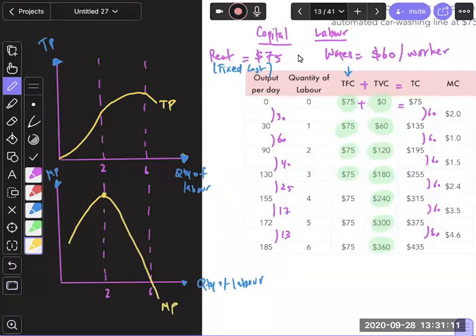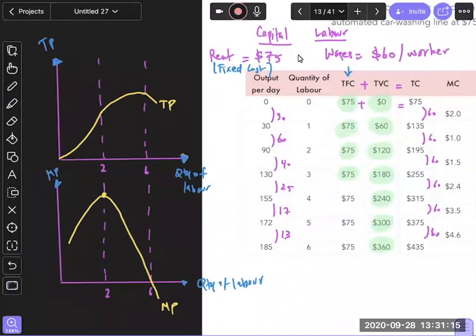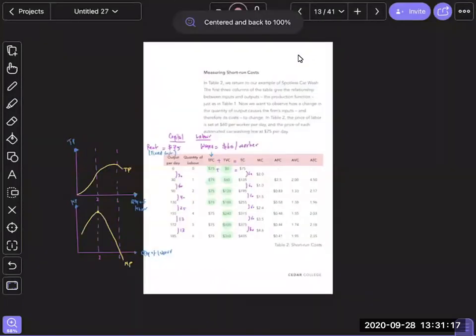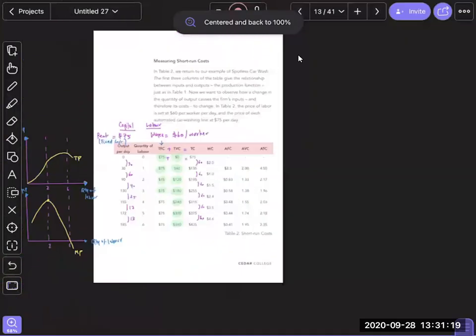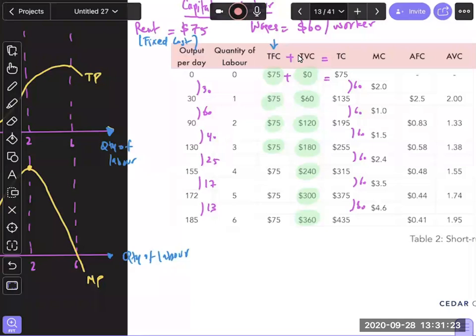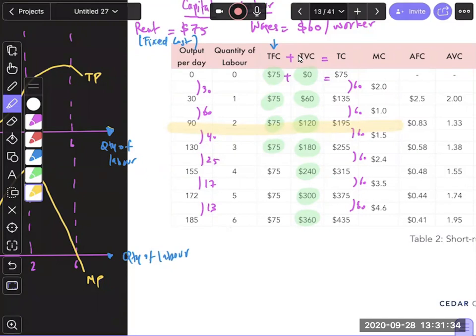For the first 2 workers, I want to make a line here. For the first 2 workers, we saw output was increasing at a faster rate, and beyond 2 workers, output was rising slowly.